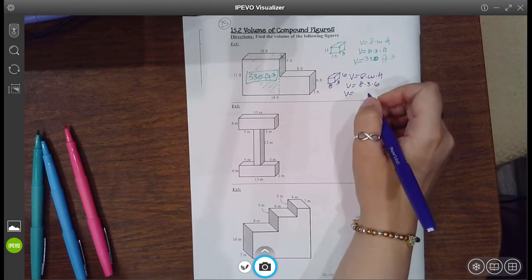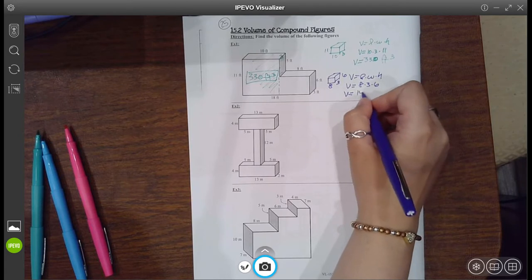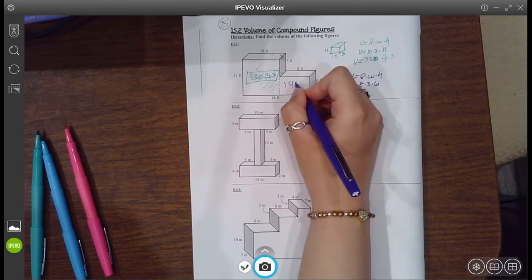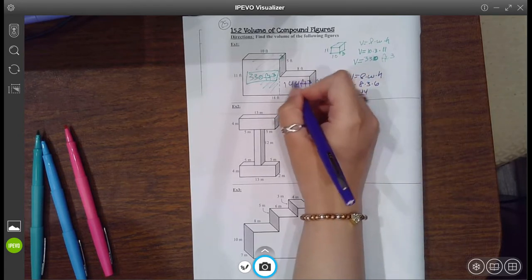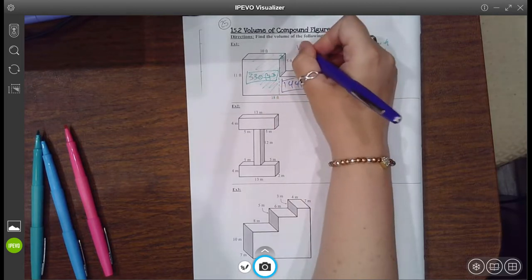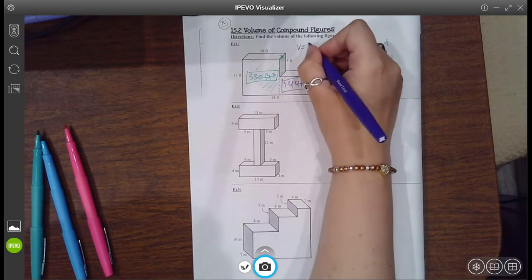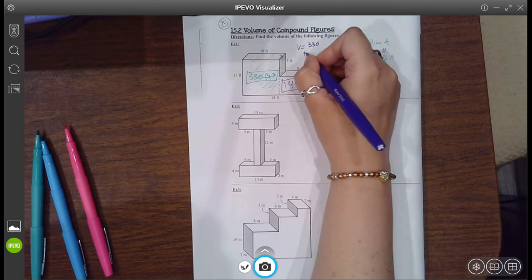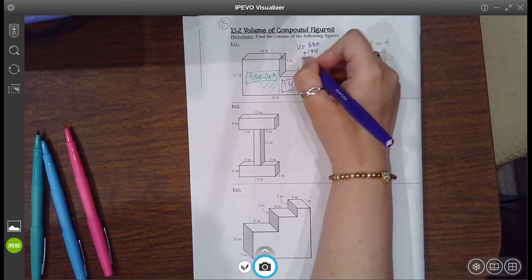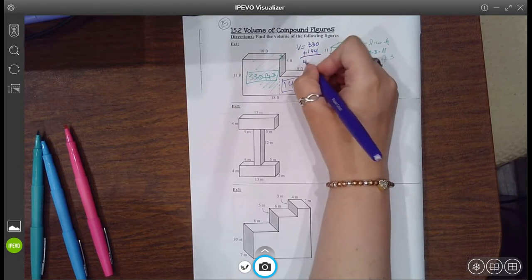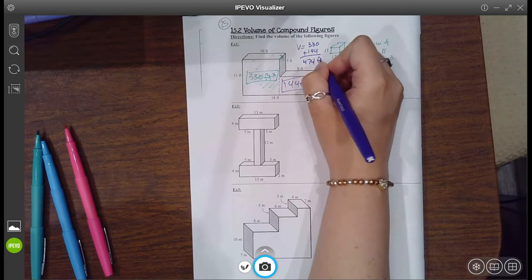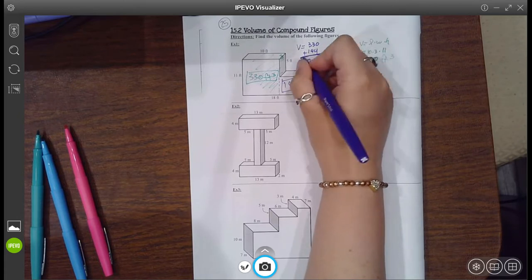Plug that all into your calculator, and you get 144 cubic feet. So to find the total volume of that compound figure, you're going to add 330 plus 144, and you get 474 cubic feet in all.